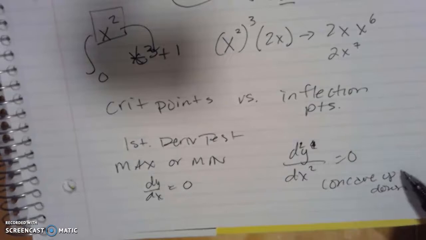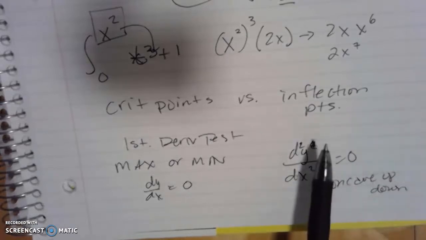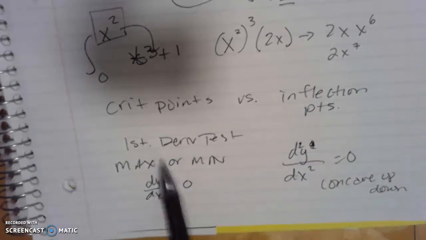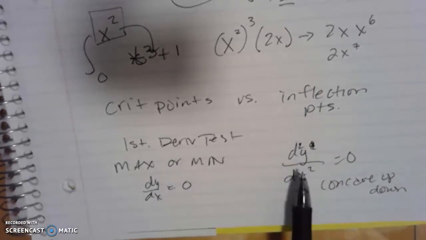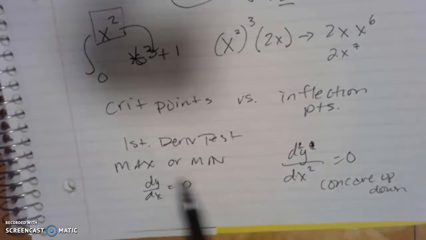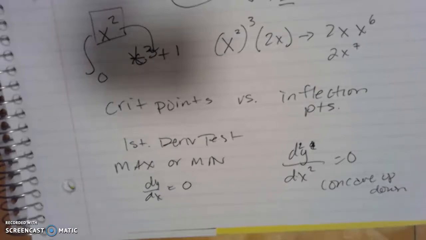Since the second derivative is the derivative of the first derivative, it's giving you what's happening to the slope of the first derivative. If it's increasing, it's concave up. If it's decreasing, it's concave down. Just little reminders on those things as we move forward this week.